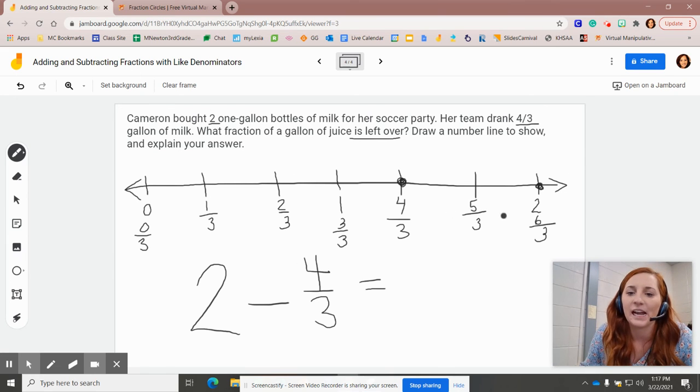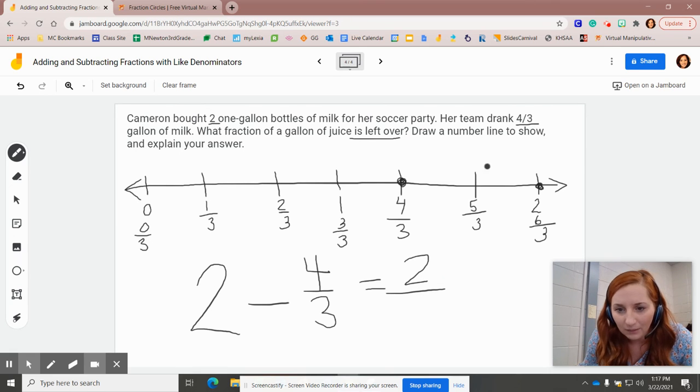Right. So you know that it has to be 2 thirds, because this is broken into thirds. So 1/3, 2/3, 3/3. So you know that you skip 2 spaces, so that would get you 2/3.